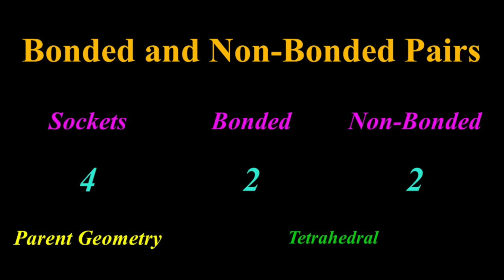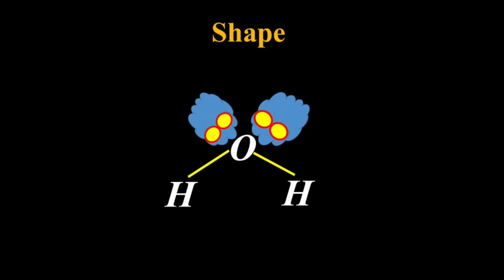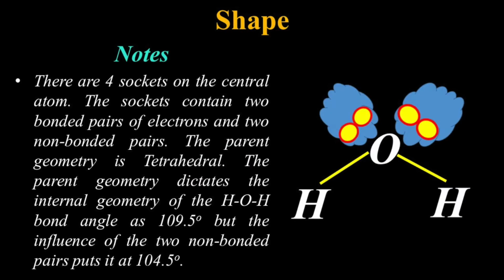And so, therefore, it's going to be like that. There's the 2 non-bonded pairs. And it looks very similar to tetrahedral. Here's a note: there are 4 sockets on the central atom. The sockets contain 2 bonded pairs of electrons, 2 non-bonded pairs.